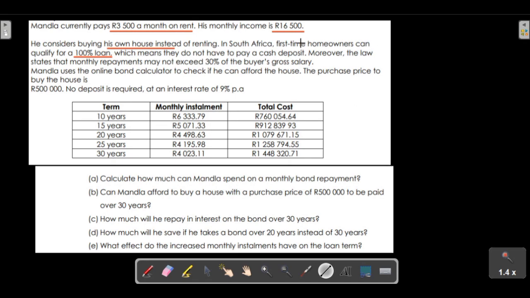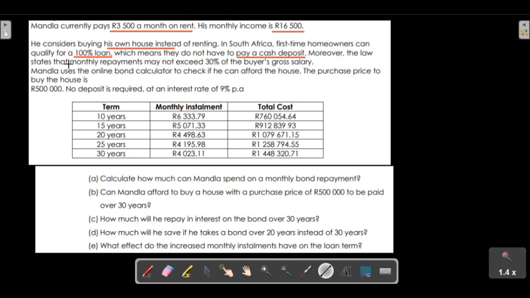If you're not a first-time home buyer, then you are probably going to get 80%, 90%. That means you're going to have to come up with the deposit, which is then 10% or 20%, depending on the terms. You don't have to pay a deposit when it's a 100% loan.